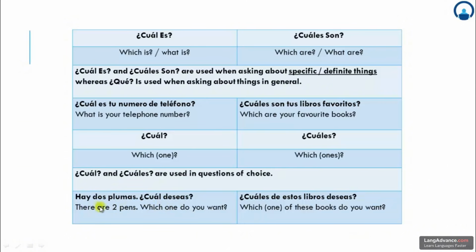So here I am given two choices of two pens from which I have to select one. So there comes the question of choice and there we have to include cuál. ¿Cuál deseas? Which one do you want? Similarly for the plural. ¿Cuáles de estos libros deseas? Which ones of these books do you want? Again I am giving a question of choice where you have to pick one. So that's why we use cuáles.